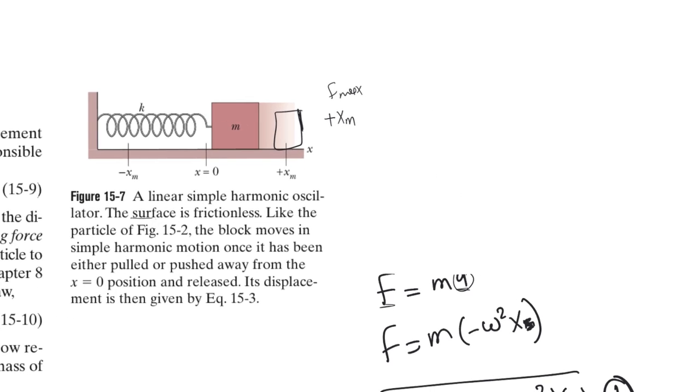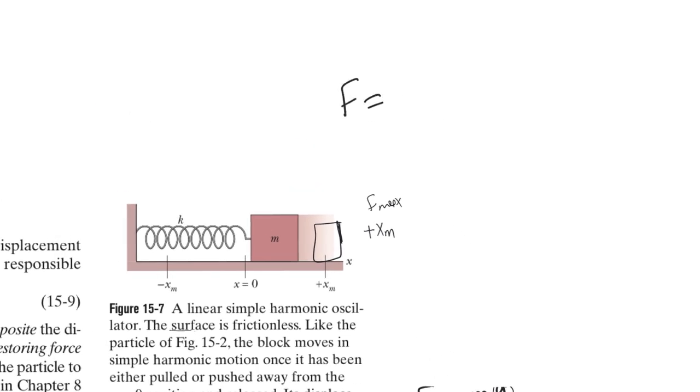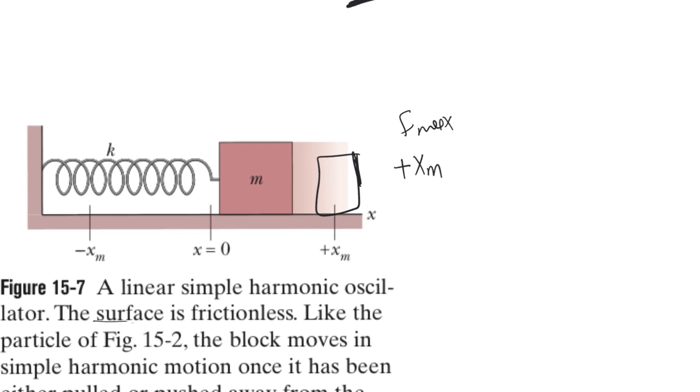Because from the equation F equals minus m omega square x, we can see that the force is proportional to the displacement in simple harmonic motion, but in the opposite direction. If the block is here and x is positive and maximum, the force must also be maximum but negative. Why negative?